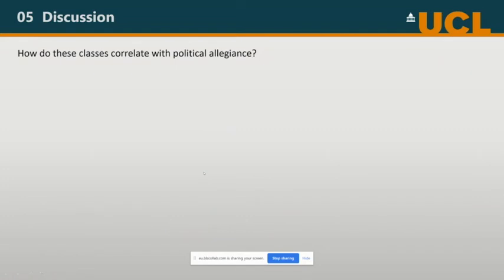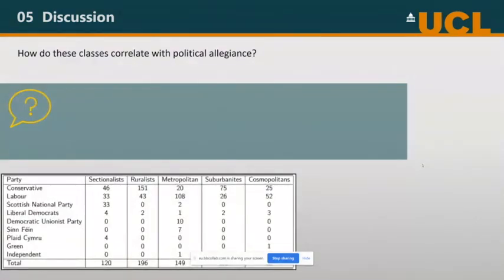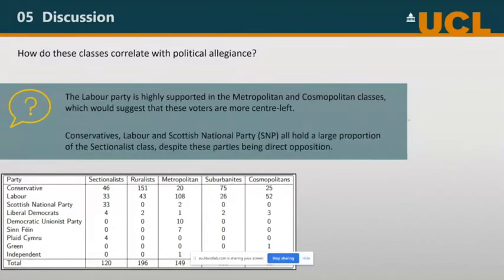Now, how do these classes correlate with political allegiance? Again, here's a cross-tabulation. The Labour Party is highly supported in the more metropolitan and cosmopolitan classes, which would suggest that these voters are more central left. Whereas the Conservatives, Labour and Scottish National Party all hold a large proportion of the sectionalist class.